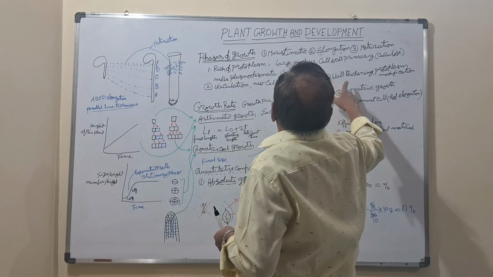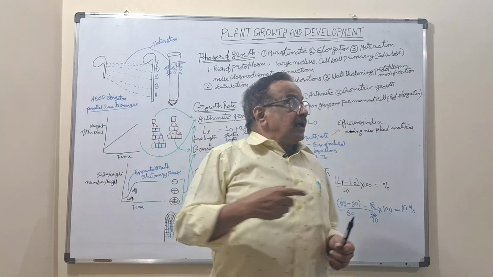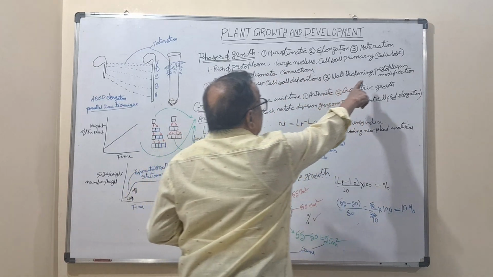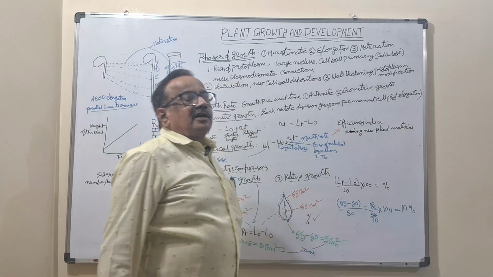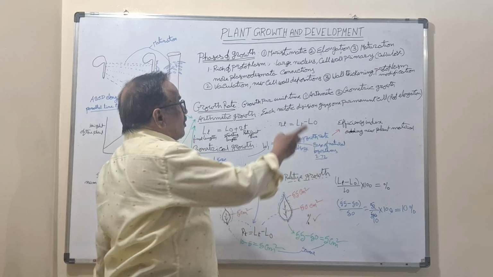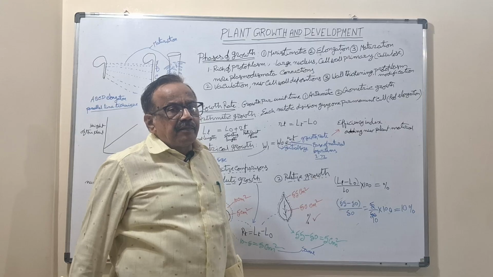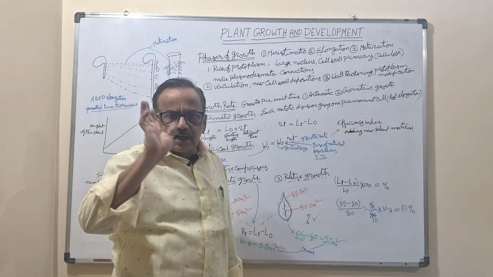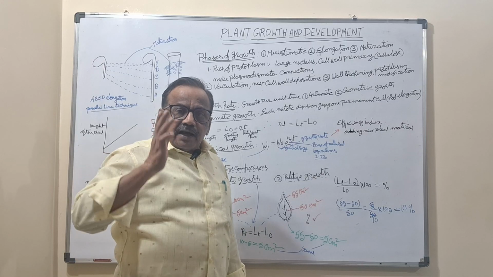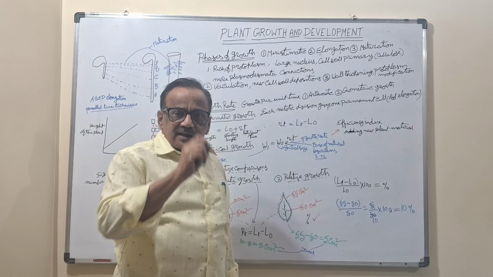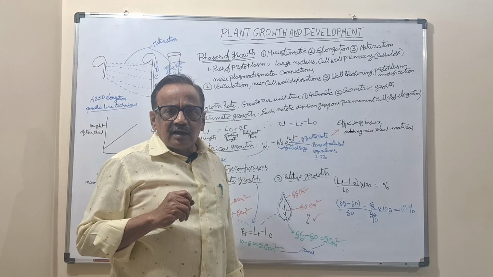In the maturation zone, wall thickening, and next will be the protoplasm modification. What is this? Wall thickening means a secondary cell wall may form, depending upon the cell. Parenchyma won't have the secondary cell wall, and collenchyma will have some at the corners.